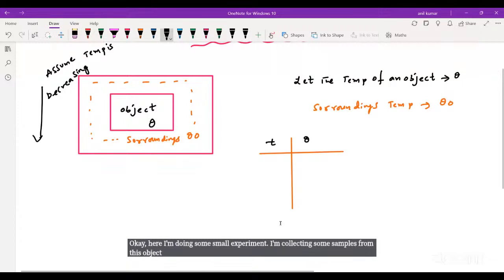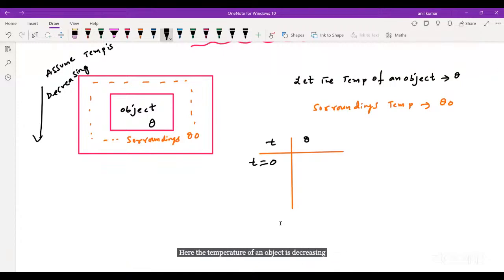Initially, at the beginning, I took one reading from the object and found it is 65 degrees centigrade. After 10 minutes, I have taken another reading.